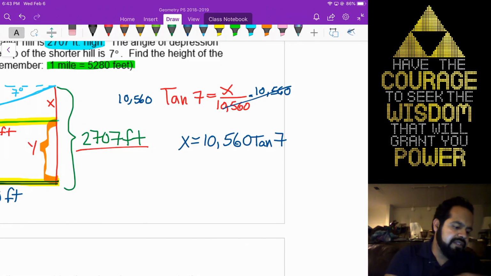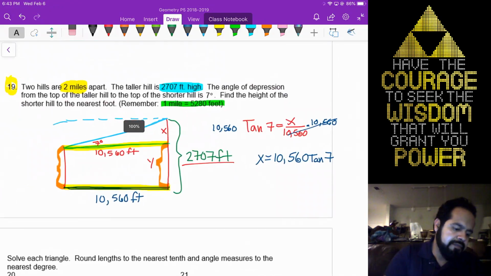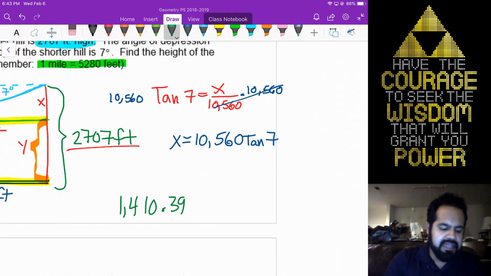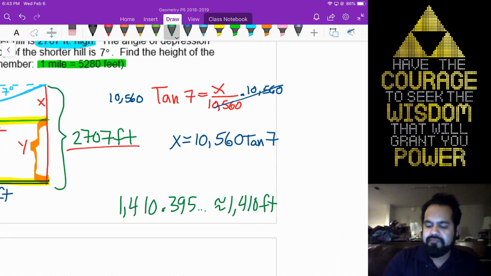Now, round it to what? Let's see here. To the nearest foot. So this is going to get us 1,410.395, blah, blah, blah, which is approximately 1,410 feet. Alrighty. We got this. Cool beans.